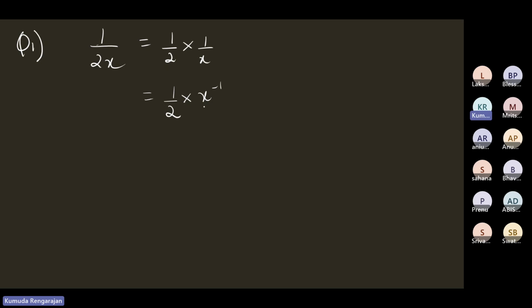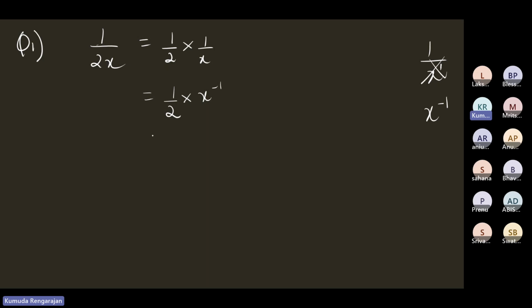The variable should not lie in the denominator. If it is in the denominator, take it up to the numerator and then read the power. So 1 by x, the power is 1, which is a whole number. No, don't read it like this. 1 by x is x to the power minus 1.